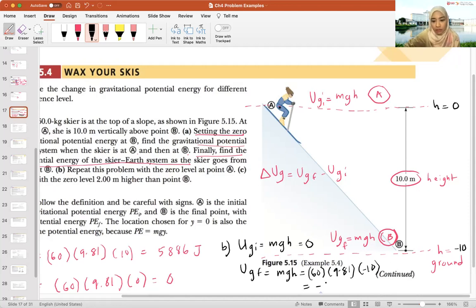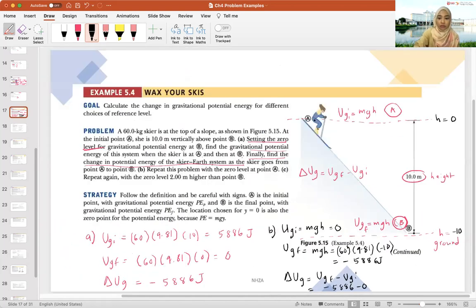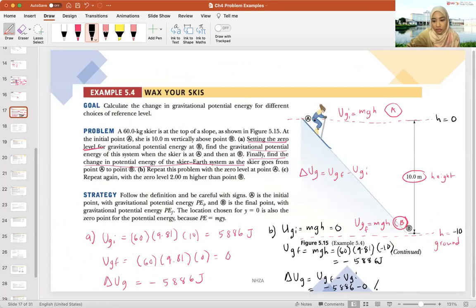This would give me minus 5886 joules. Final step is finding the change in UG. This is UG final minus UG initial. So the answer is minus 5886 minus 0, so you just get 5886. So this is your final answer.